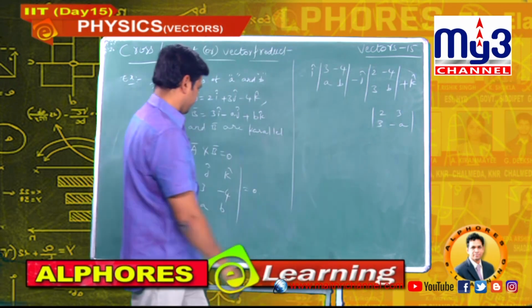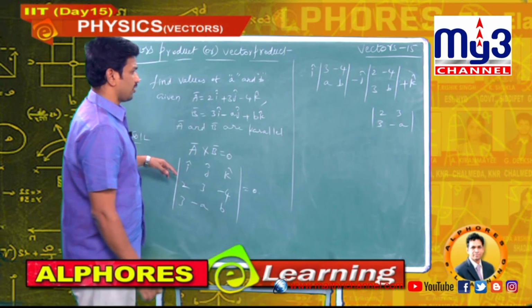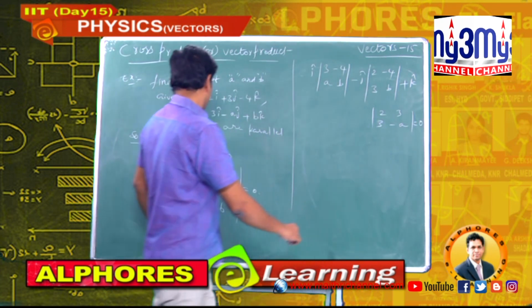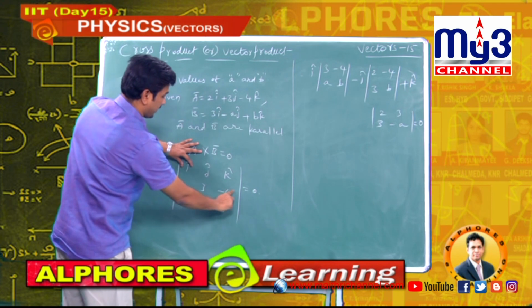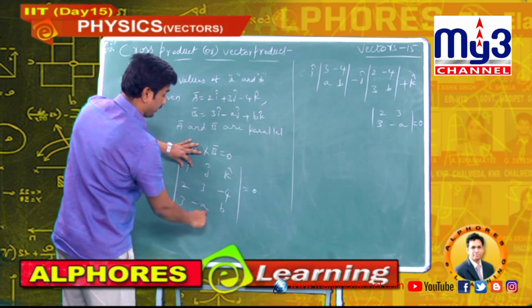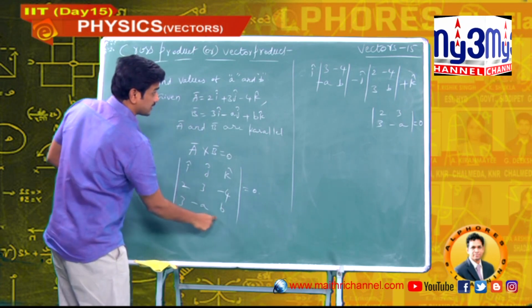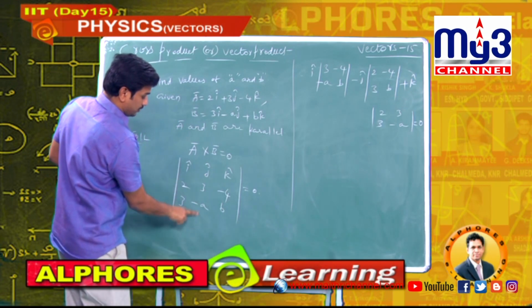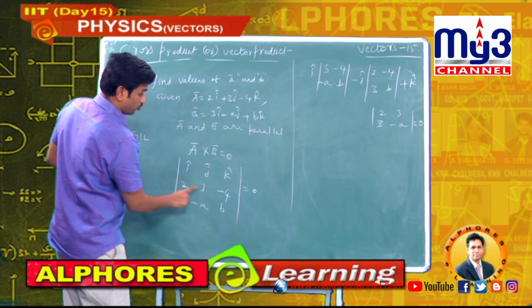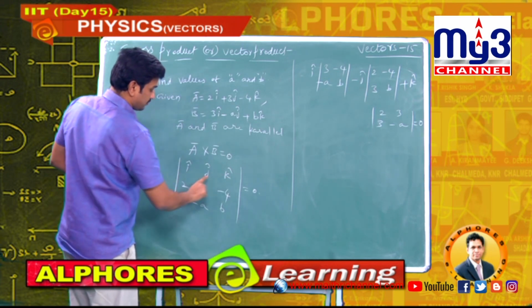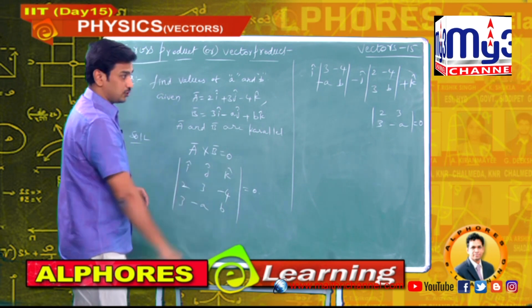Let me verify whether I wrote it correctly. So this whole part is equal to 0. i cap, the remaining part, 3 times minus a minus minus 4 times b; minus j cap, leave this and leave this, 2 times minus a minus minus 4 times 3, correct; plus k cap, leave this column and this, 2 times b minus 3 times 3, correct.